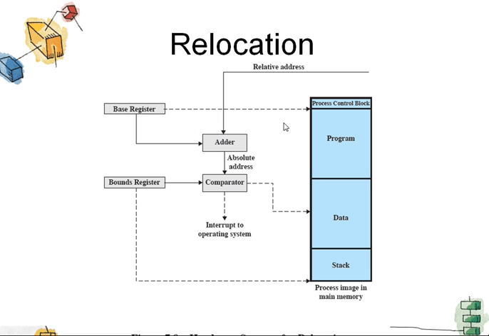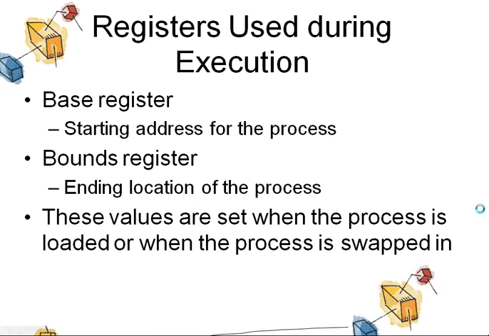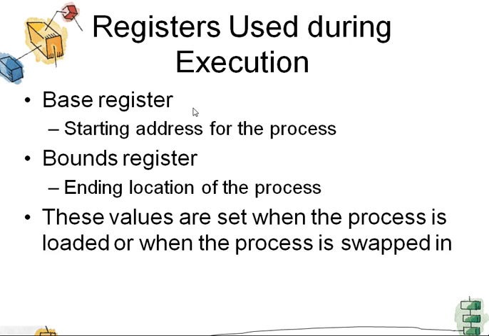So the base register will define the starting location and the bound register will define the end point of the process. Now during execution, what do these registers indicate? The base register indicates the starting address for the process. The bound register indicates the ending location of the process.